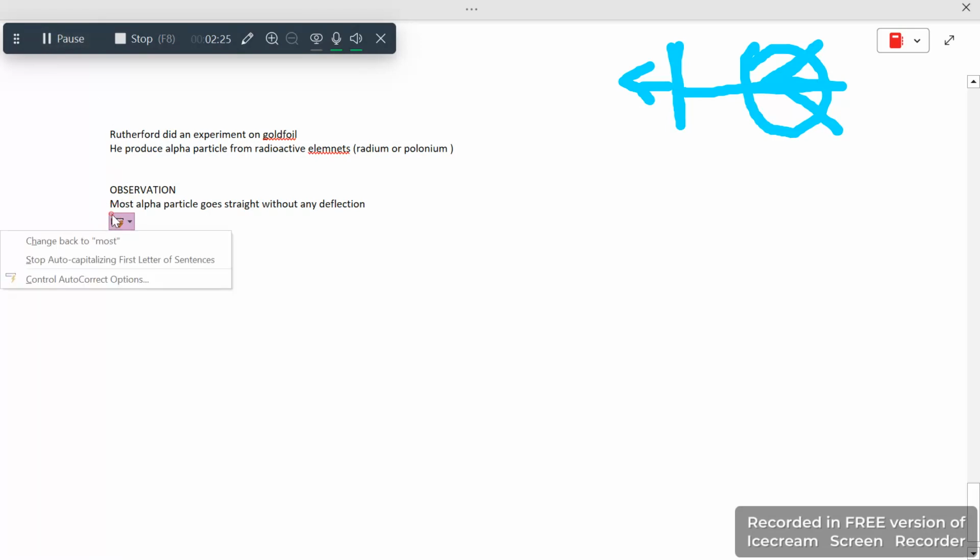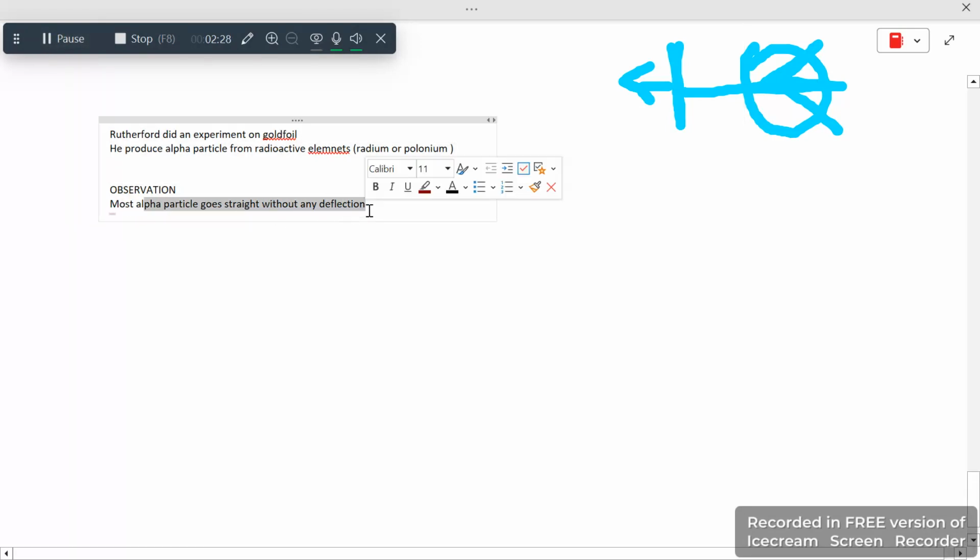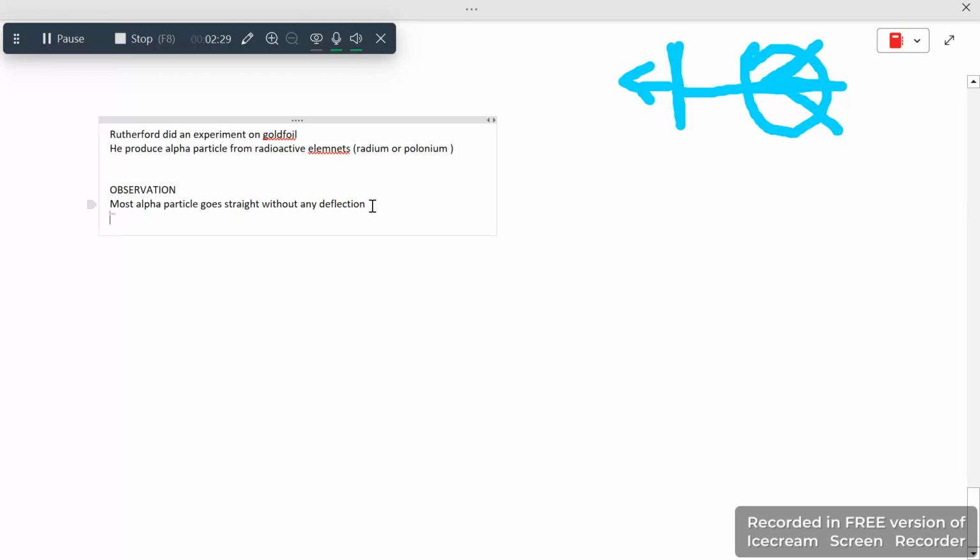Then another point he just observed. Sorry, just wait a minute. Okay, so some alpha particles deflected at some angle. So what does that mean?